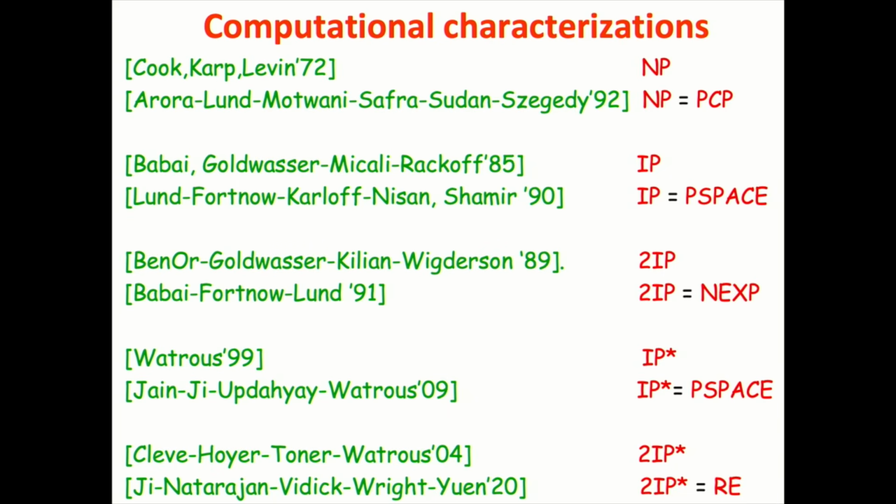We have these terrible names. Nevertheless, they all carry really strong conceptual meaning. For example, IP equals PSPACE really means, or one of its consequences is, that if a Martian landed here tomorrow and claimed it has a winning strategy for chess, we can check it. Even though there is not just one quantifier, it's not like mate in one.